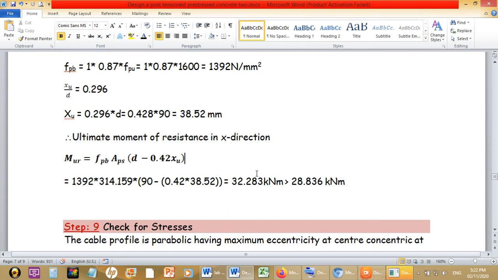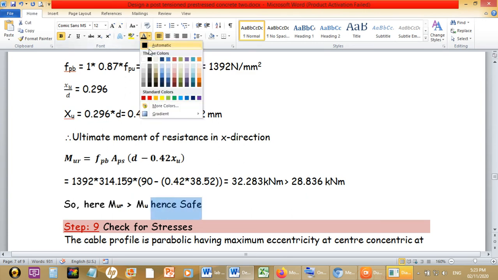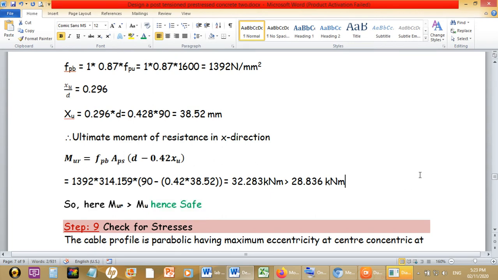So if we observe, this moment of resistance value is greater than the ultimate moment, meaning we can comment that if MUR is greater than MU, the given section is safe. Hence the section is safe. So here we complete step number 8.